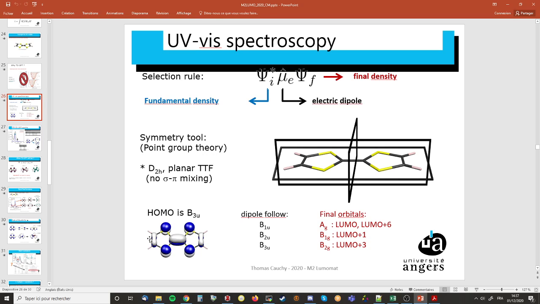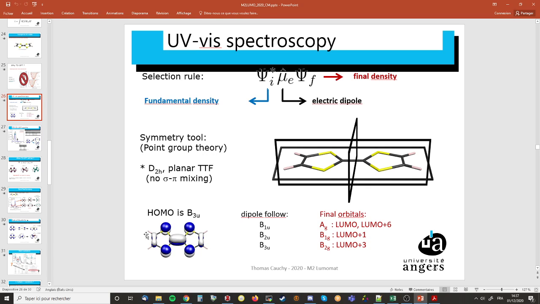So for example, if we consider a planar version of the TTF, that means that I forced a D2h point group symmetry.